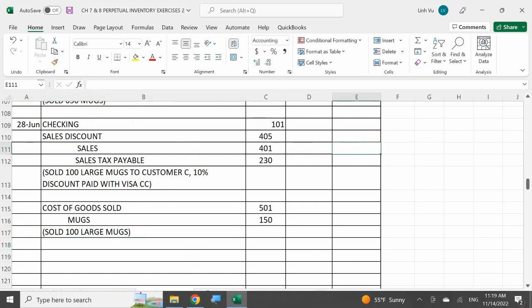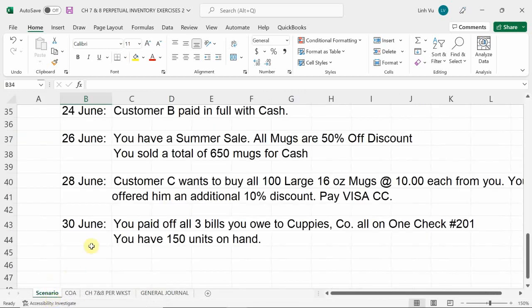Since we sold 100 of them at $10 each, that gives you 1,000, but because you gave a kindly, nice offer of a 10% discount, how much is that off of the 100 units that we sold here?